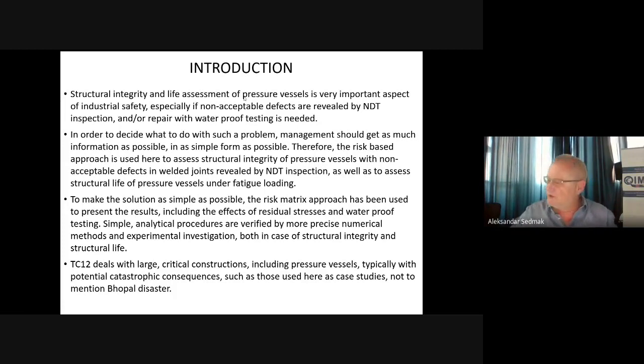And just a small digression, if I may, this is actually how structural integrity was born. It was back in the 70s, last century, a large oil pipeline from Alaska to central USA had an extremely large number of non-acceptable defects.